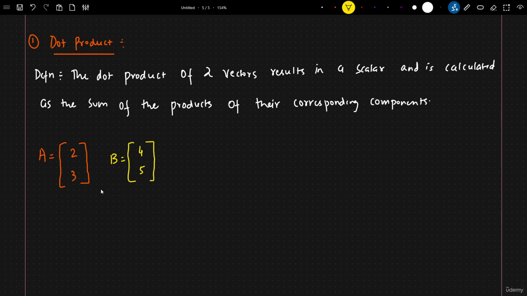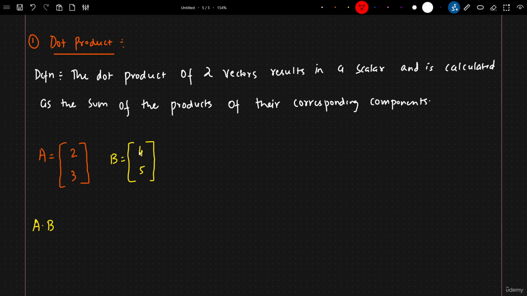Now, in this scenario, if I ask, what is the dot product A dot B? We will basically use the dot product like A dot B. It is very simple. What we do is we take every element, like let's say we take 2 and we take the 4 value. So this is basically my x coordinate and y coordinate, similarly x coordinate and y coordinate.